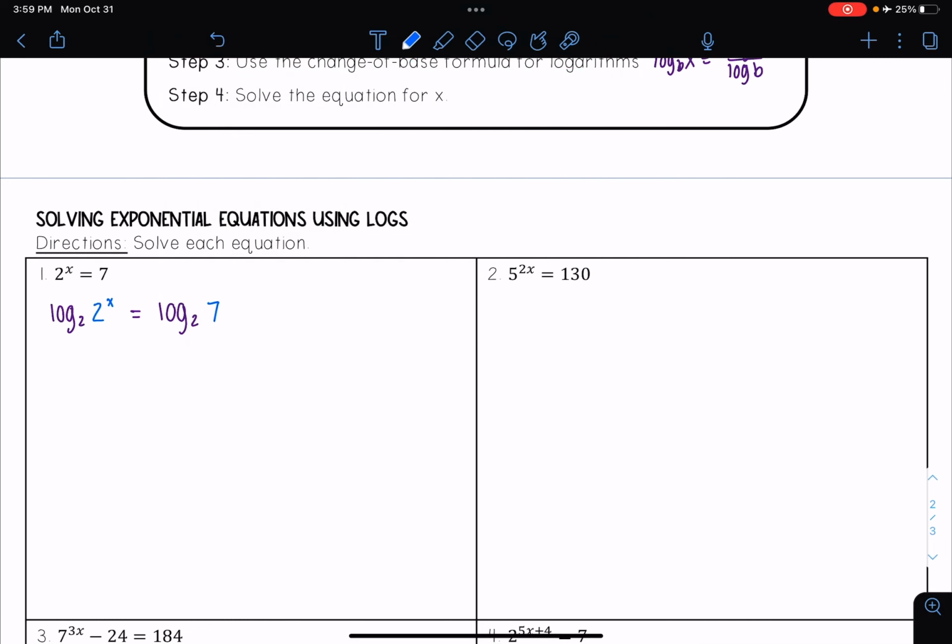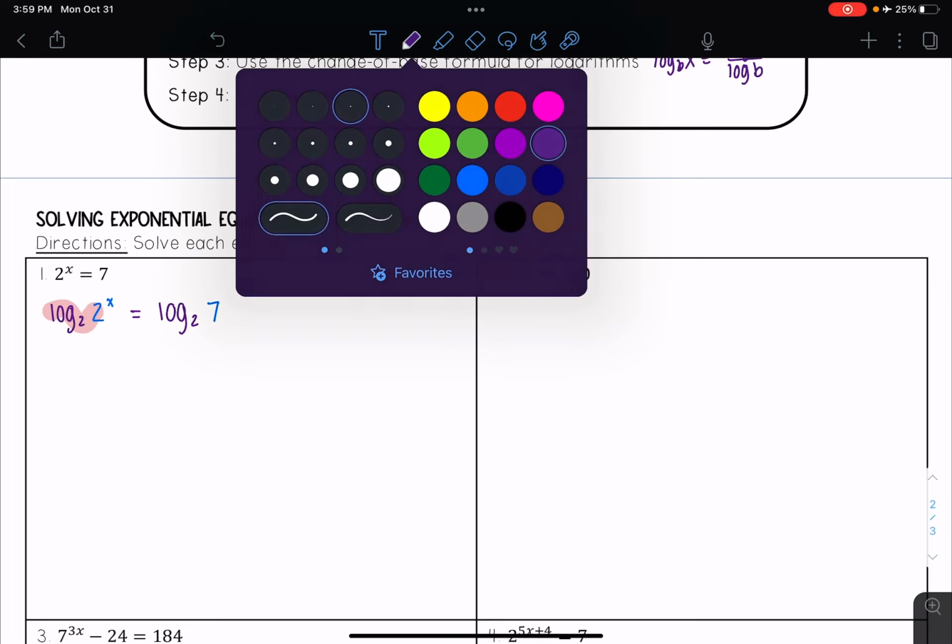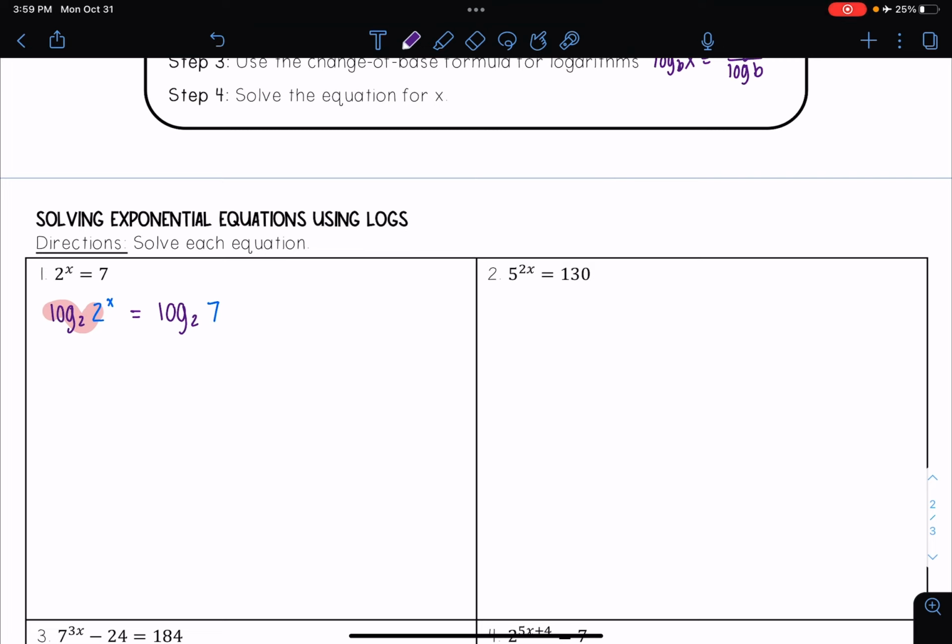So why did I do that? Well, what we've learned before is when I do log base 2 of 2, that essentially cancels out. And so I'm left with just x on this one side. And so I have that x is equal to log base 2 of 7.